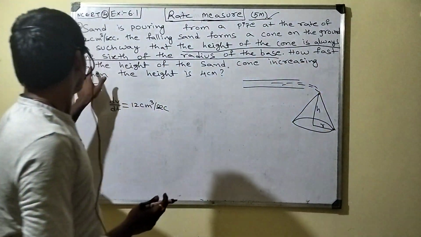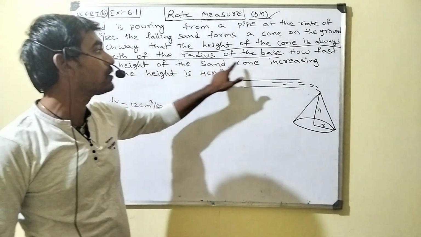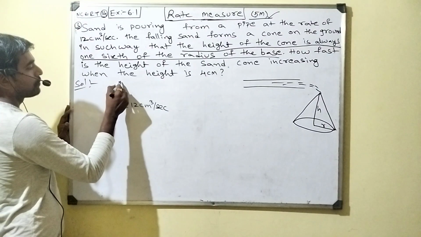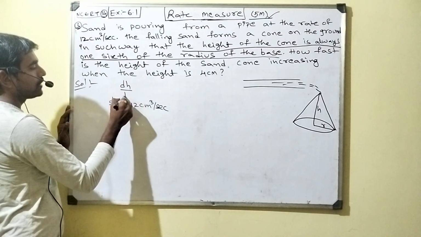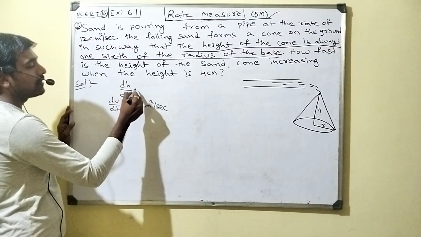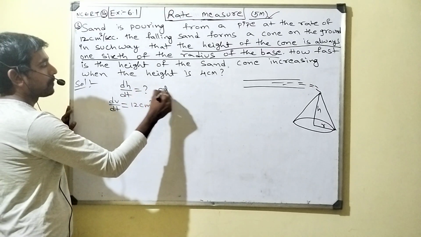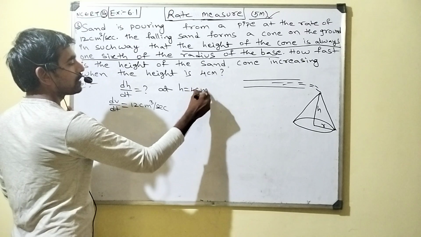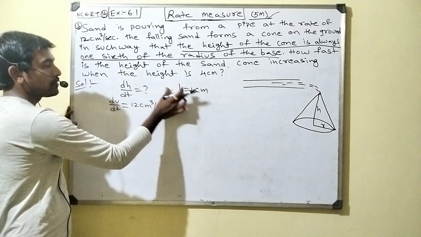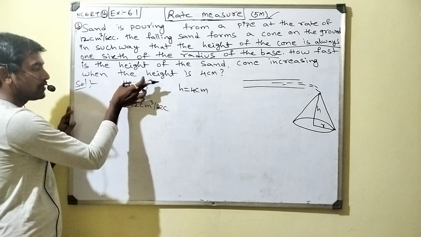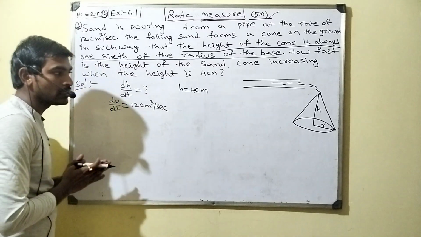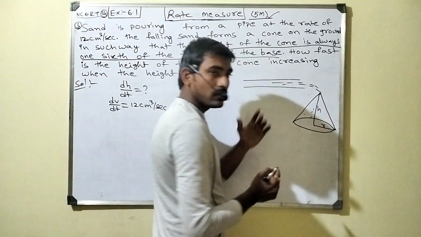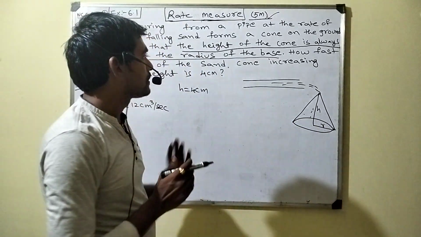How fast is the height of the sand cone increasing? We need to find dH by dt when the height is 4 centimeters. This height is changing, so we need to find it.